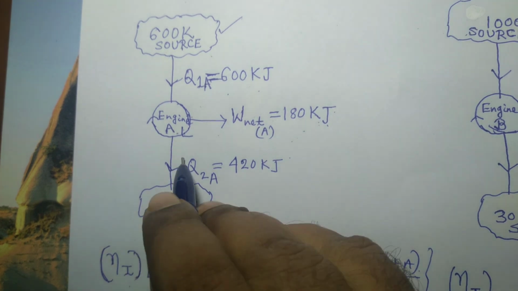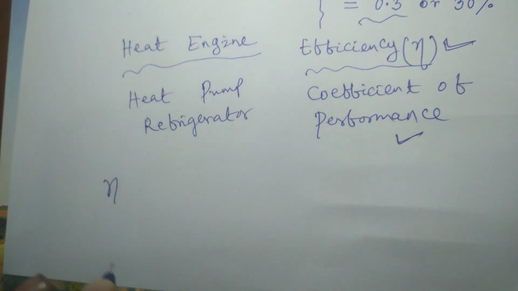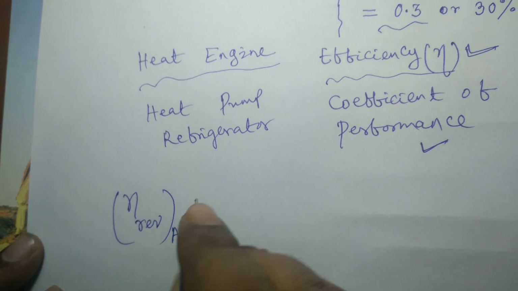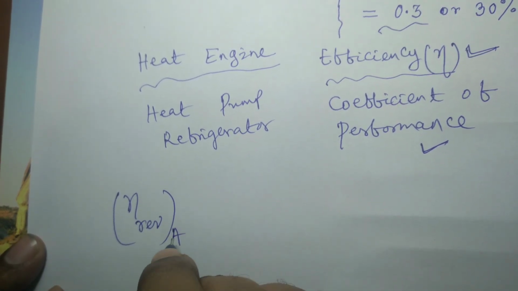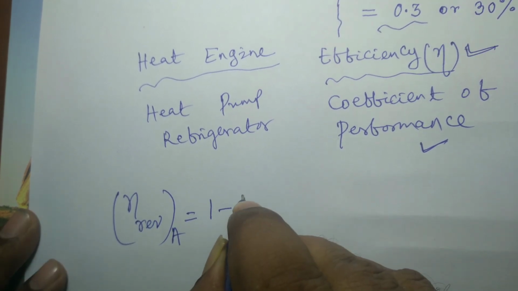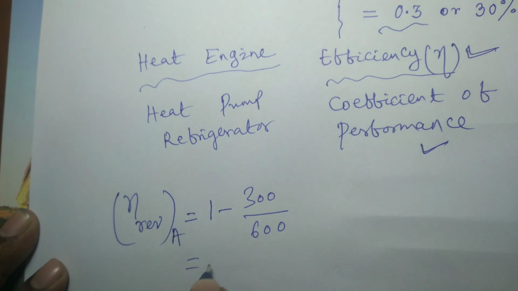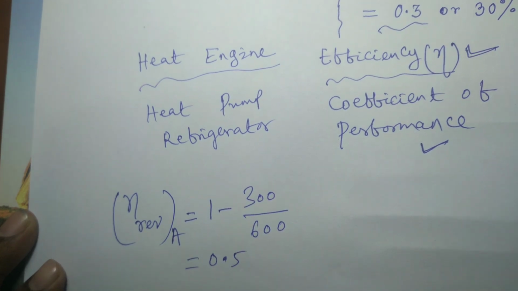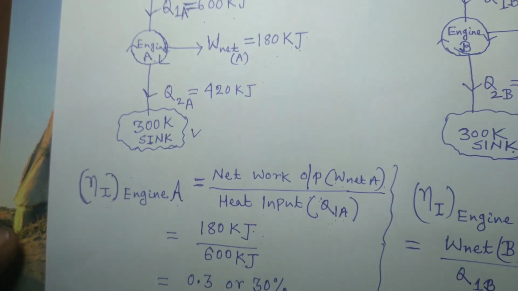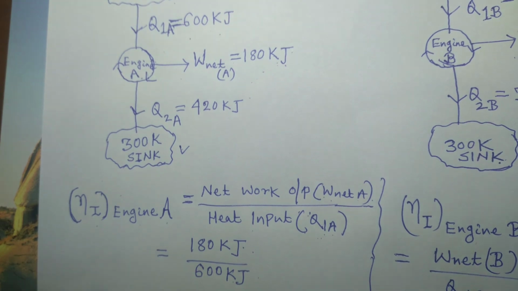So the efficiency of a reversible heat engine, that is, if engine A operates in a reversible manner, would be 1 minus sink temperature 300 divided by 600. This would be nothing but 0.5 or 50%. In place of 50%, the actual engine A is performing with an efficiency of 30%.